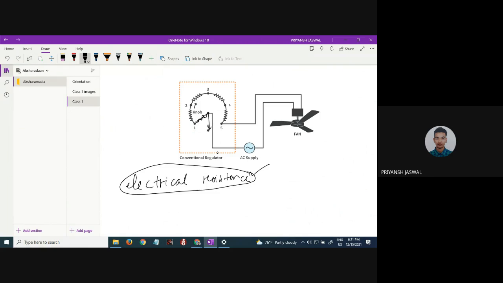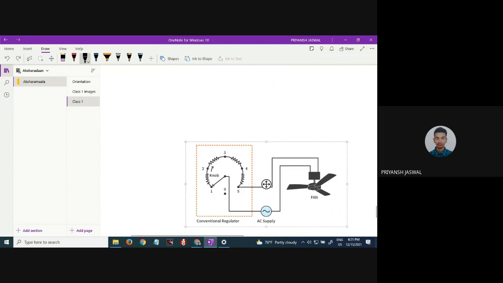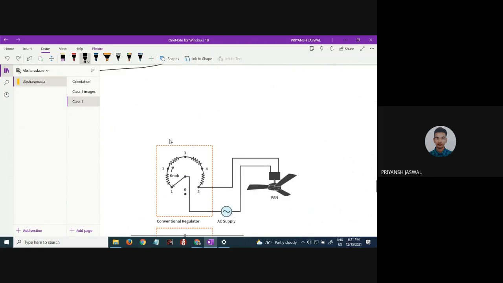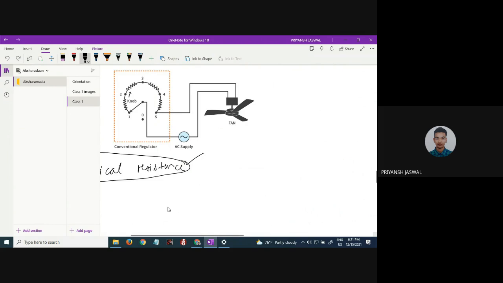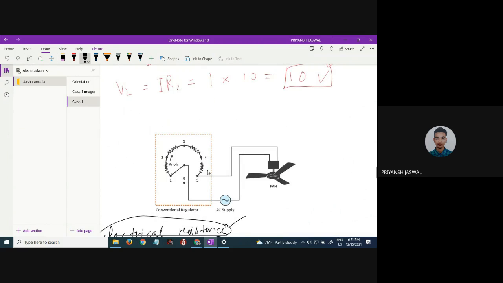The circuit is broken and the fan will not start, it will not rotate. It's simple as that. But when the knob is at this number 1 here, the circuit is connected.